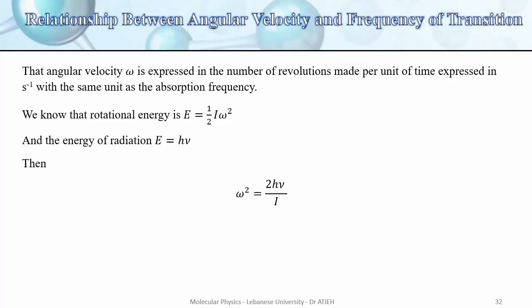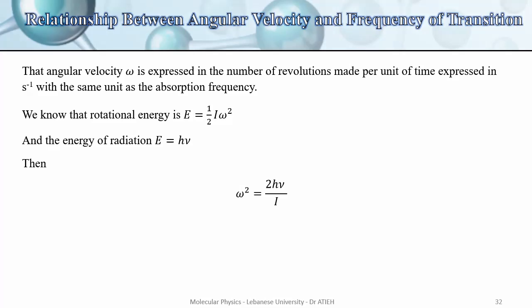In this slide, we try to find a relationship between the angular velocity omega and the frequency of transition nu. The angular velocity omega has a unit of radians per second or second minus 1, which is the same as the unit of frequency, which is hertz or second minus 1. So both of them have the same unit, so there must be a relation between them. The rotational energy, as we have seen for a rigid rotor, is E equals half I omega squared.